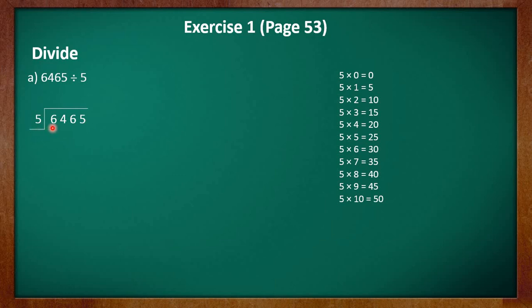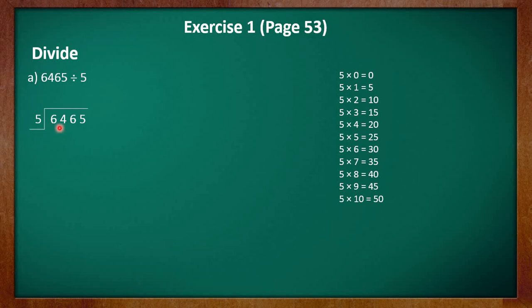Kids, we always start dividing a number from its highest place. Or you may say that we always start dividing the number from the extreme left. Here, the highest place is thousands. And we have 6 on the thousands place.